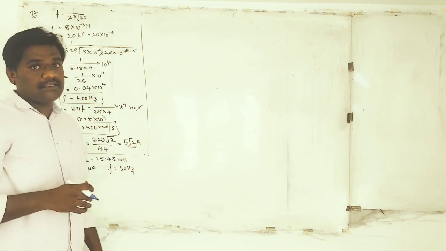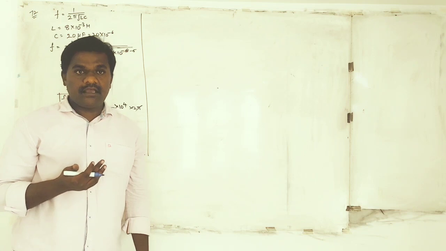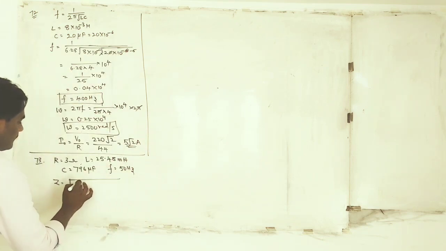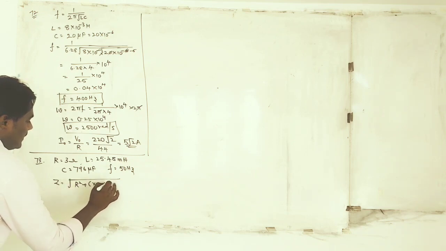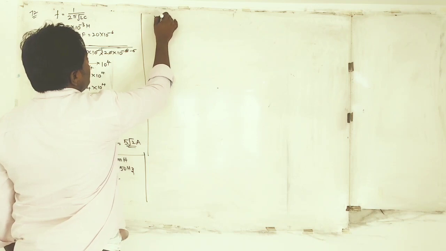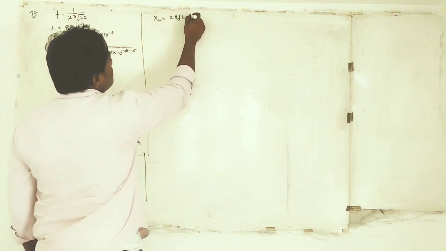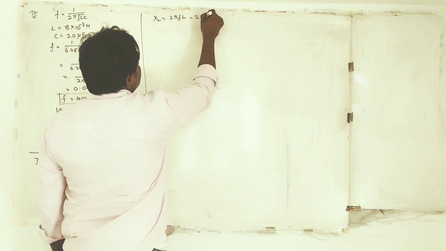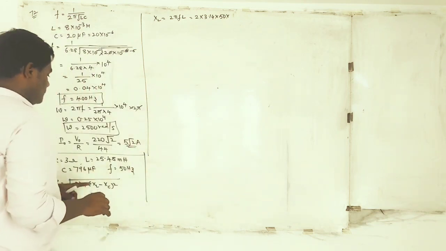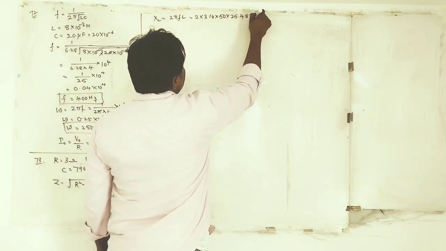Now here the voltage they have given is useless, because for impedance you have a direct formula, Z is equal to root of R square plus XL minus XC whole square. Now let us start calculating, first of all XL. We have a formula 2 pi FL. So 2 into 3.14 into frequency 50 into 25.48 millihenry.